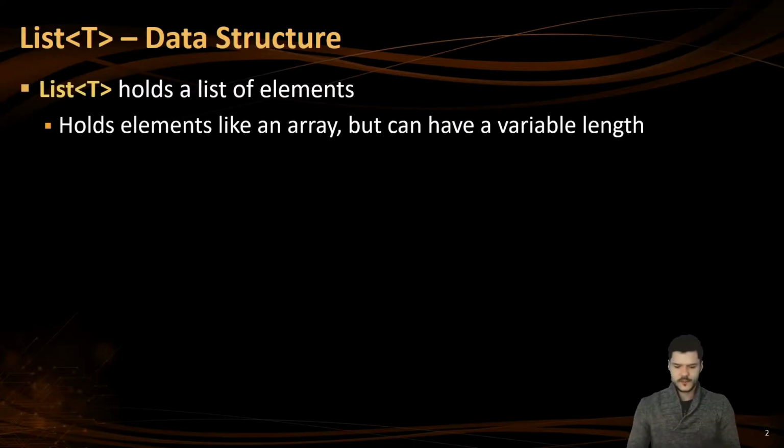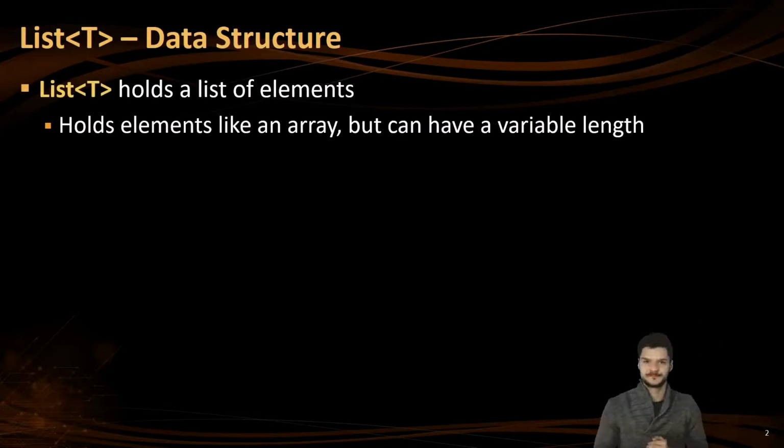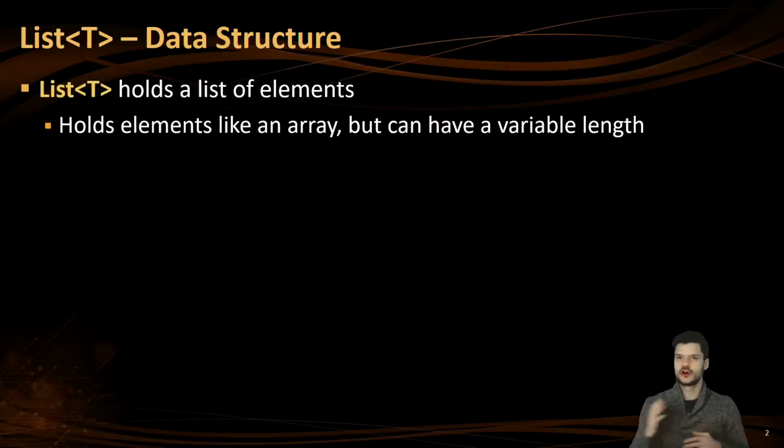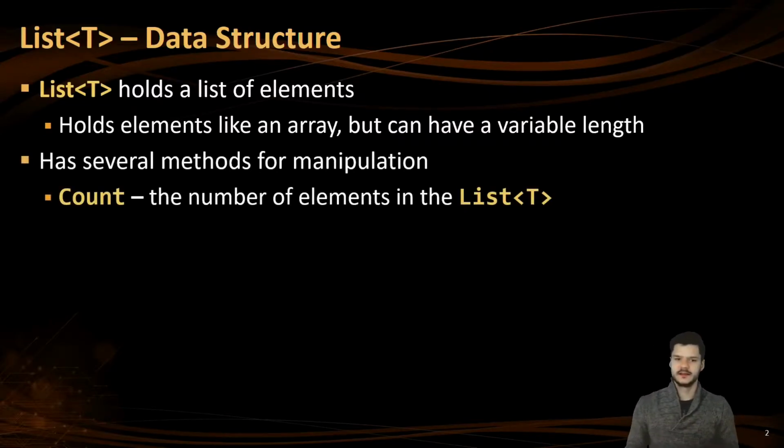So they hold a list of elements like an array, but they have a variable length. Whenever you define a list, you can define it without a predefined length, so you can increase the length in your program dynamically.